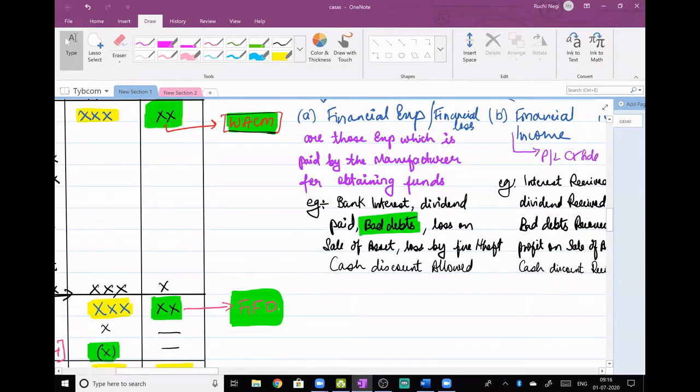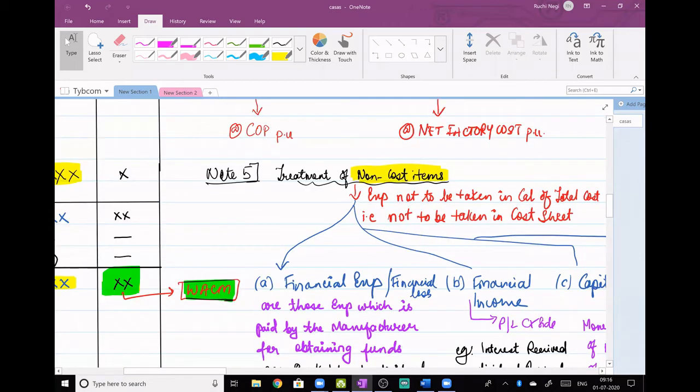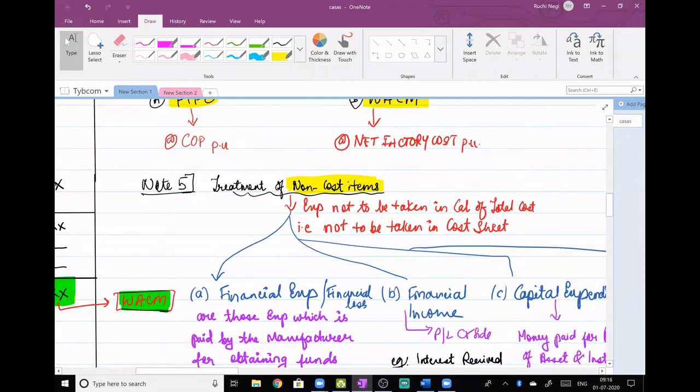Now come to note number 5. Write down: note number 5, treatment of non-cost items, as per CAS 1. What do you mean by non-cost items? We did the definition of cost in CAS 1. What was the definition of cost?